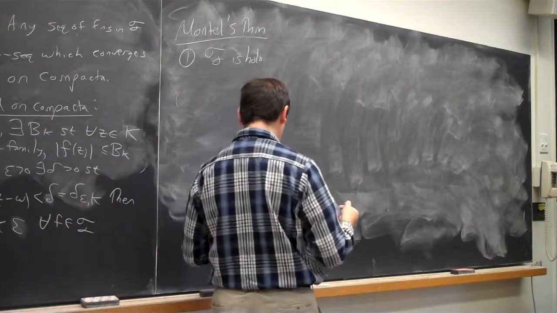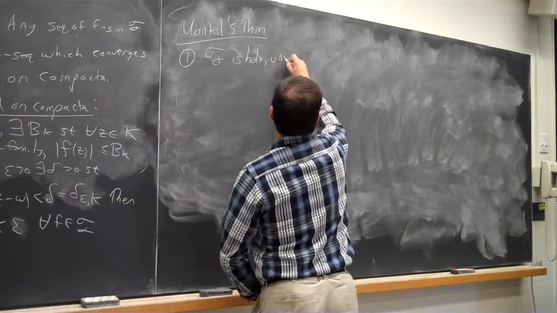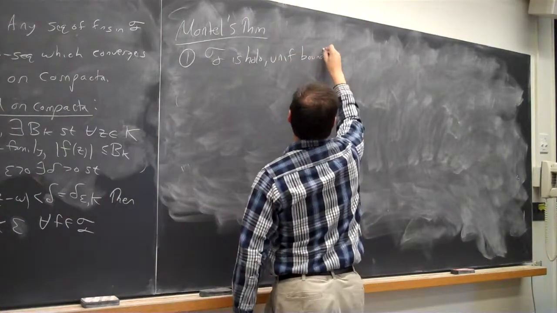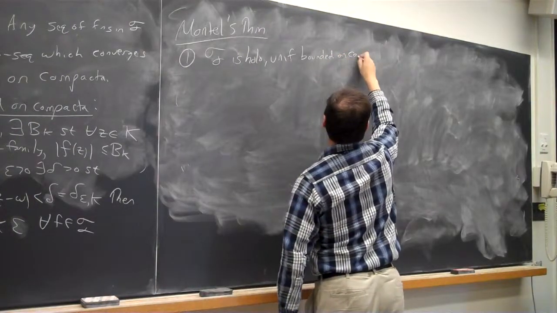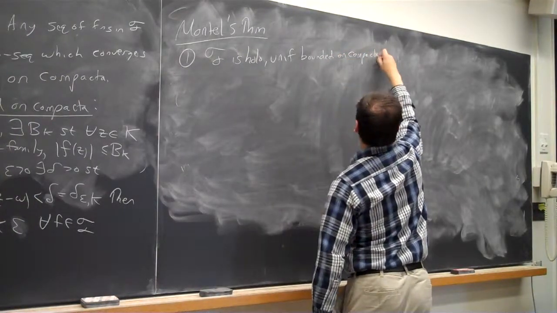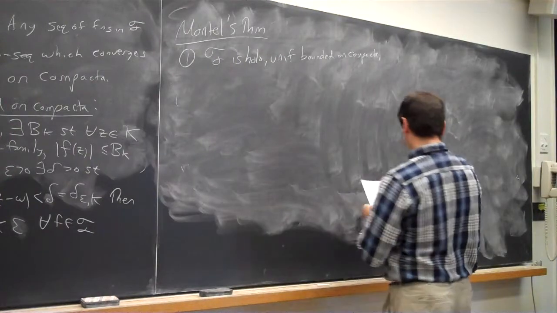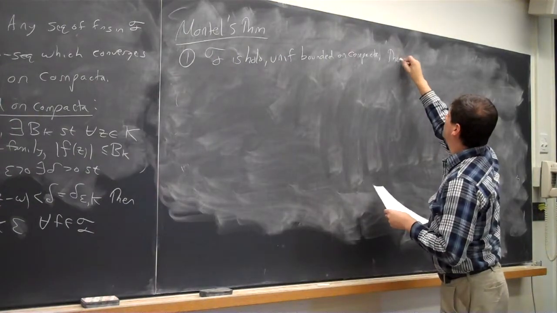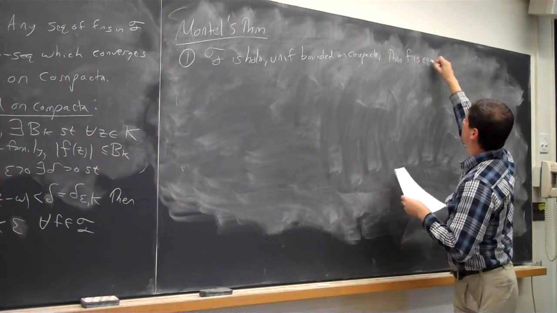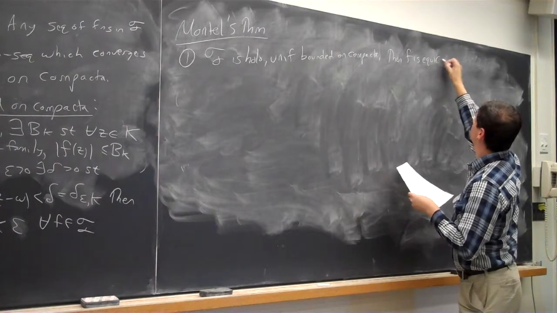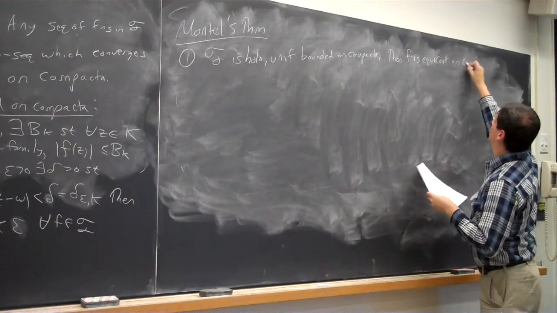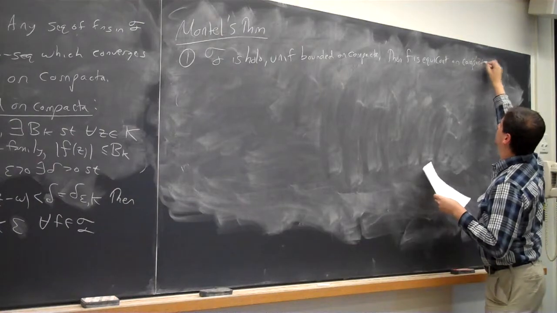So F is holomorphic, uniformly bounded on compact sets. Then F is equicontinuous on compact sets.